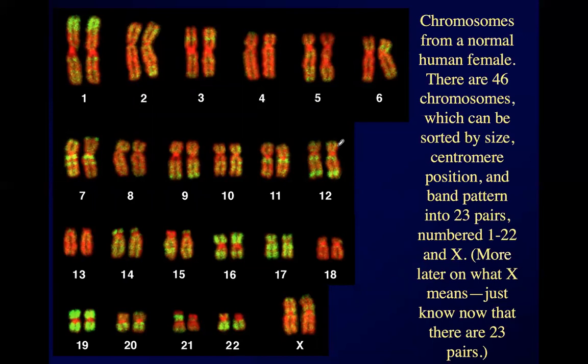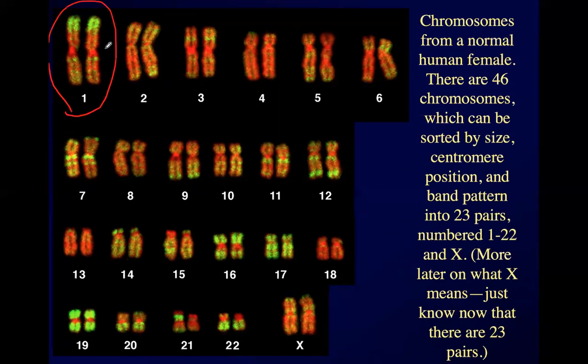And not only do we have 46, but we can sort through them by size and centromere position and banding pattern. These have been stained with some kind of fluorescent stain that stains parts of the chromosomes red and parts of them yellow.